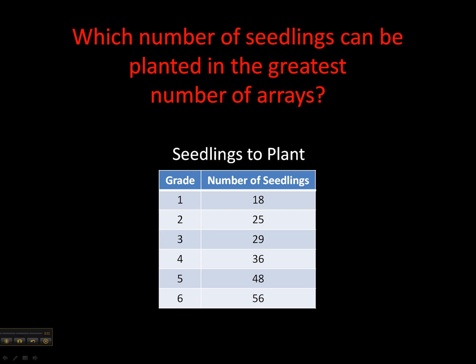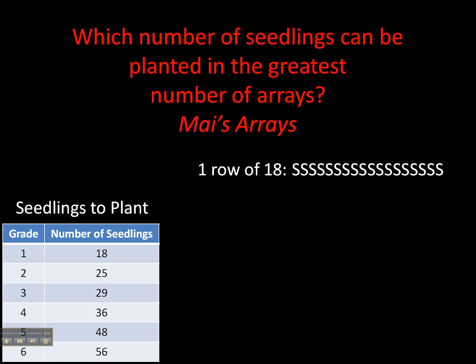So we have a problem on page 70 where a bunch of classes have received seedlings, and they are planting these seedlings in the greatest number of arrays. So grade 1 has received 18 seedlings, grade 2 has 25, grade 3 has 29, and so on.